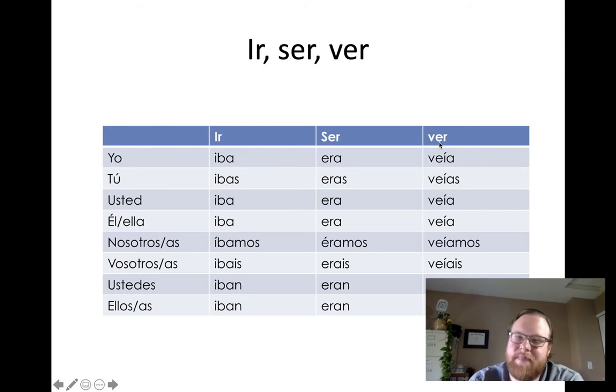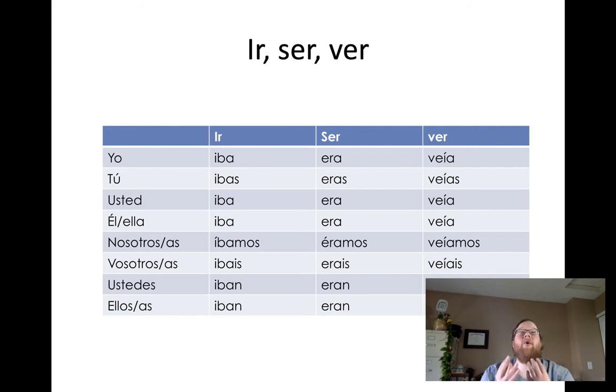We're leaving the e, and then we're tacking the endings onto that. But other than that, the endings are actually normal. So we've got yo veía, tú veías, él y usted veía, nosotros veíamos, vosotros veíais, y ellos y ustedes veían.